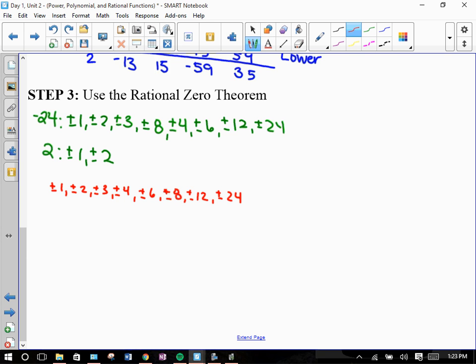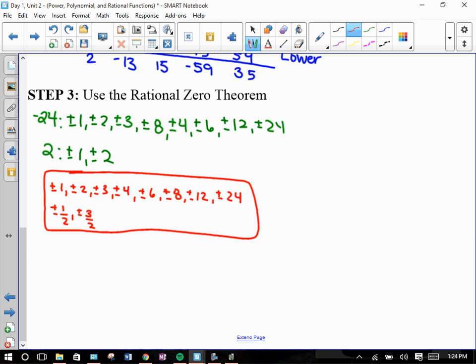Then we're going to have 1 divided by 2, which is plus or minus 1/2. 2 divided by 2 is 1. 3 divided by 2 is plus or minus 3/2. 8 divided by 2 is 4. 4 divided by 2 is 2. 6 divided by 2 is 3. Those are our possible zeros.